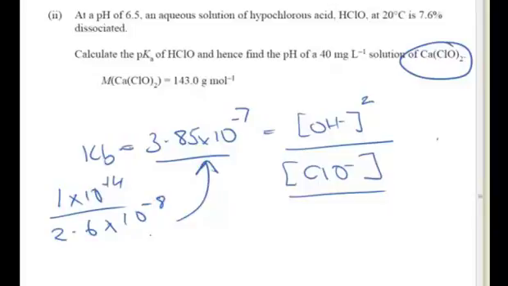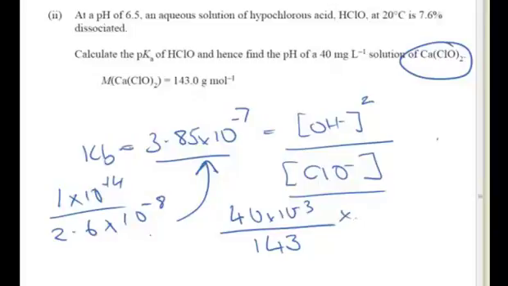Now the concentration of the base, we're told that it's 40 milligrams, so that's 40 times 10 to the negative 3, because milli is a 1,000th, and we divide that by 143, and that will give us the number of moles.